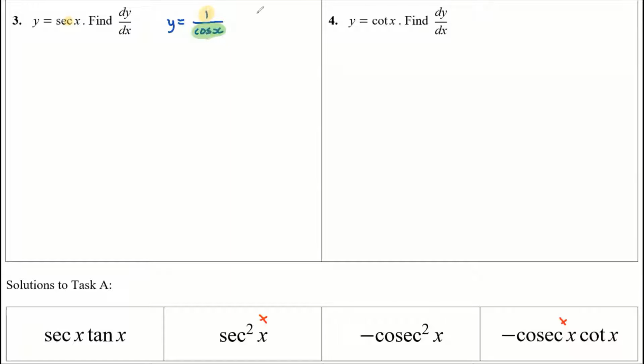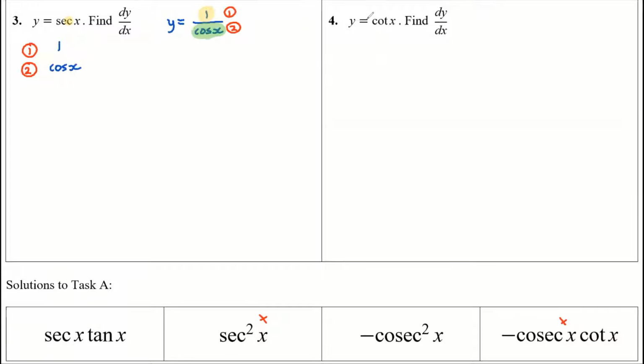That will indicate we're going to use the quotient rule again. Let's write out our 2 functions as they appear in the fraction: 1 over cos x, so function 1 is 1 and function 2 is cos x.